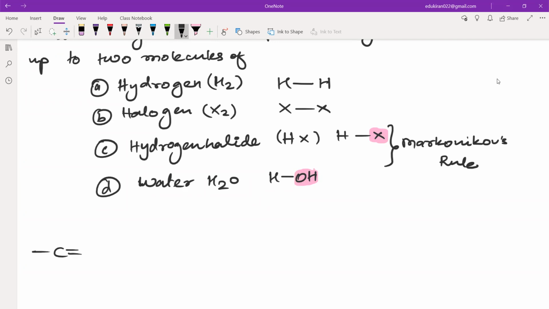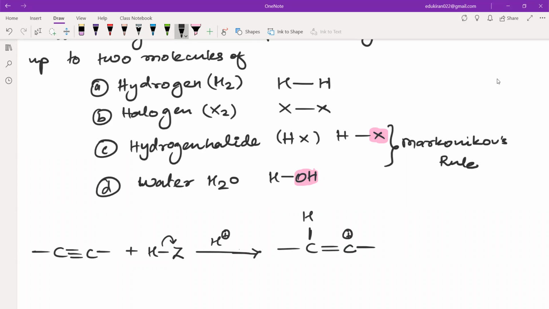So what I'm going to do here, I'm going to give you a simple reaction: C triple bond C, and there is, let's just write, H and Z. This Z can be anything. So first of all, what happens? This will break and you will get H plus ion, right? Then the hydrogen will be attached to any one of the carbon atoms and you will get a carbocation.